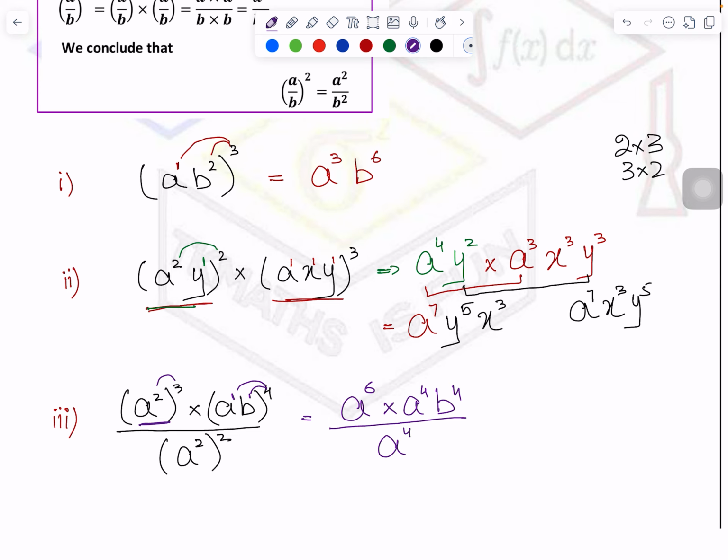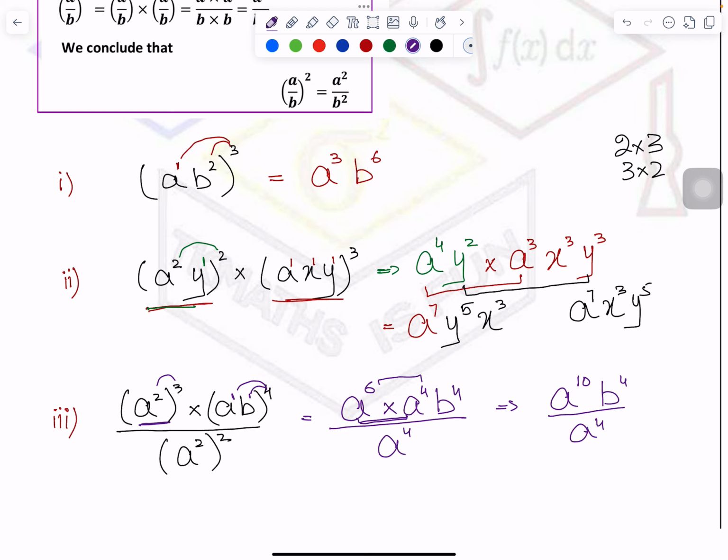Now first of all, let's handle the numerator, then we will come to the denominator. So if I see, this base is same, do all steps slowly, then you will not make any mistake. So base is same, so powers will add up. 6 plus 4 is 10. And b power 4. By the way, there is no b in the denominator, so this b will remain as it is.